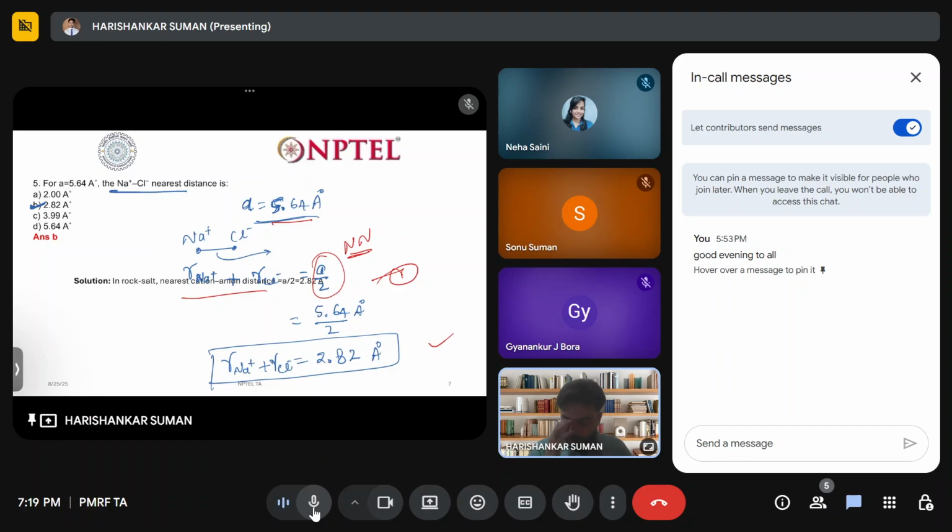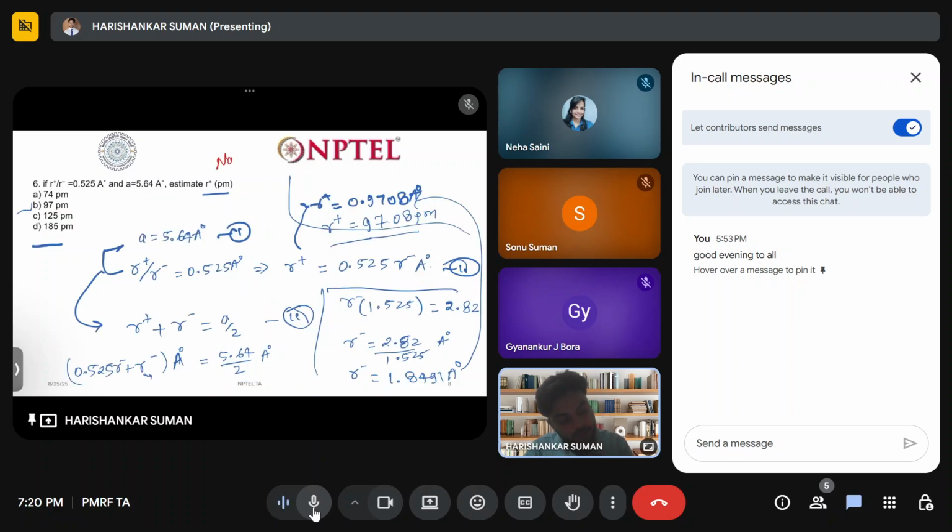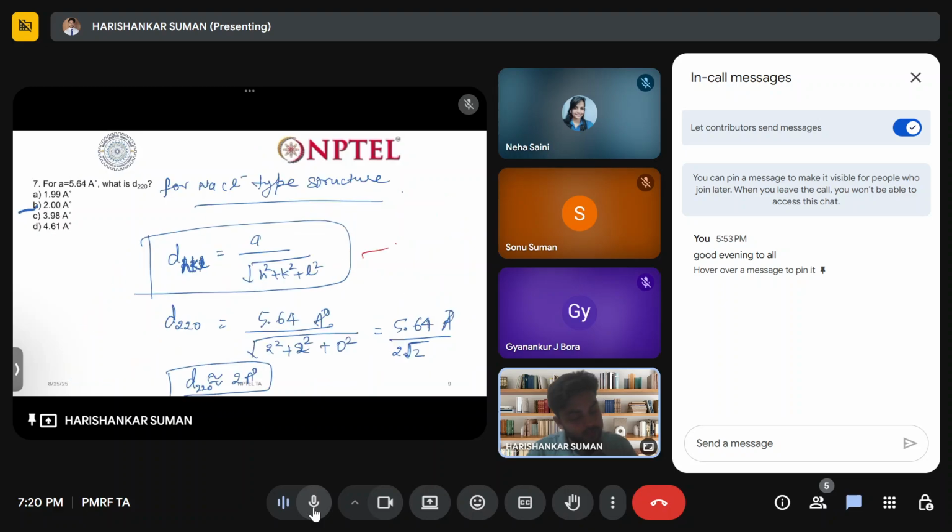And r plus and r minus are given, estimate the characteristic of NaCl. So we have calculated, and we will get the answer B.